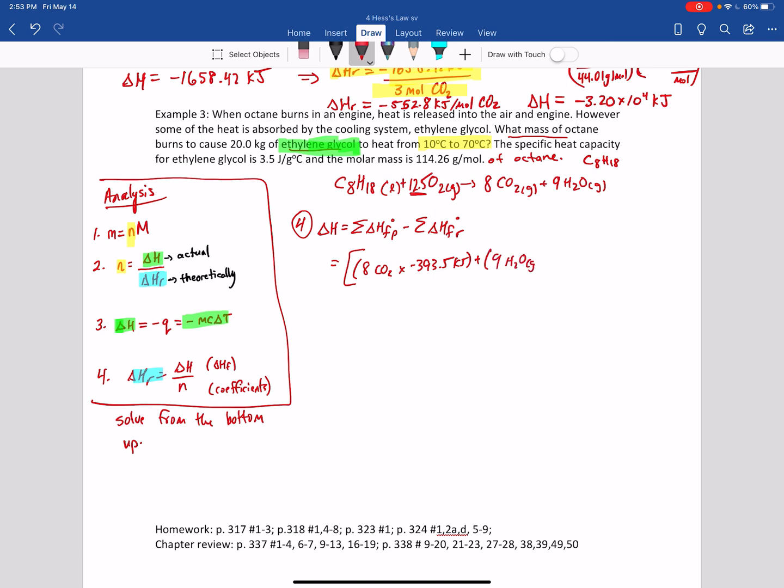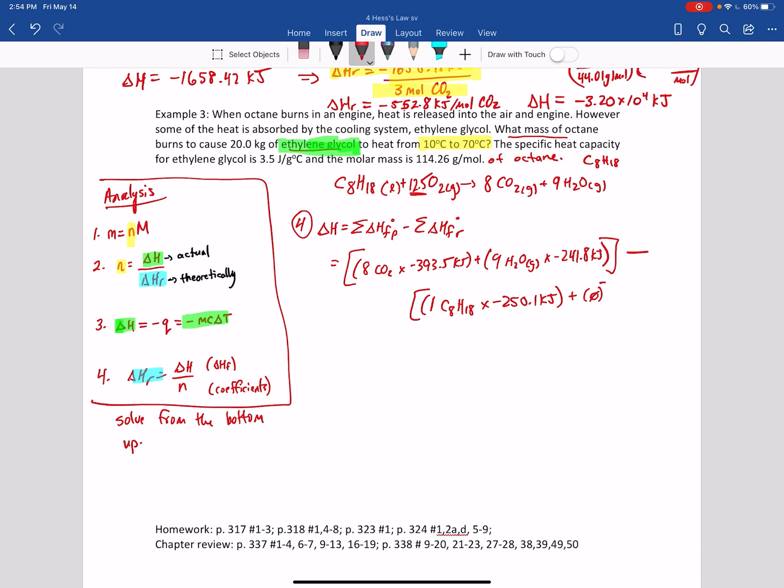Remember, we're working with the gas here, so we choose the appropriate value. Okay, only 2 products. Subtract the value for 1 mole of octane, and its value from that table is 250 kilojoules per mole, and then 0.